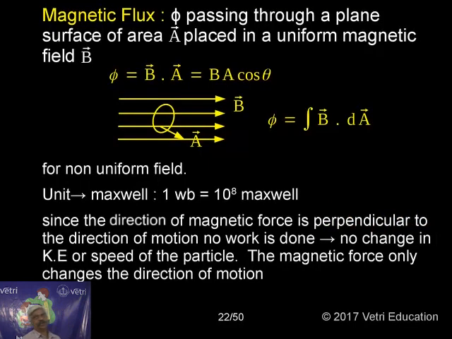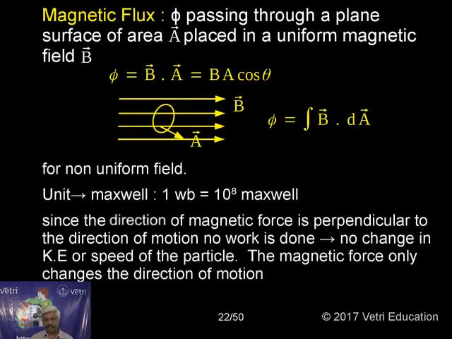Then magnetic flux. Once we know about moving charges, we should understand magnetic flux, because if you are thorough on this, then only we can know what electric flux and magnetic flux are. Both use the symbol phi.